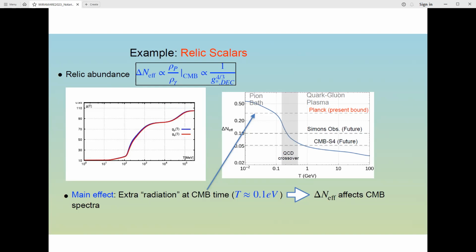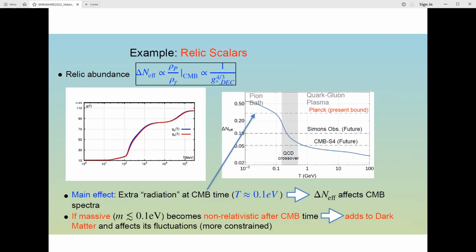Therefore, a particle cannot decouple much later than 0.1 GeV. The interesting region for axions is precisely decoupling in this region. It could also be much higher, but of course, if it is much higher, delta N_eff is much smaller.